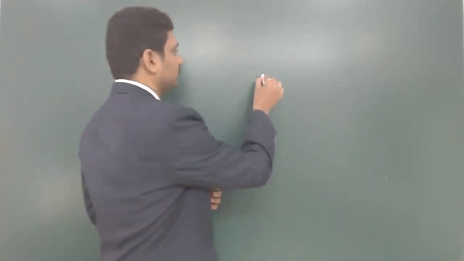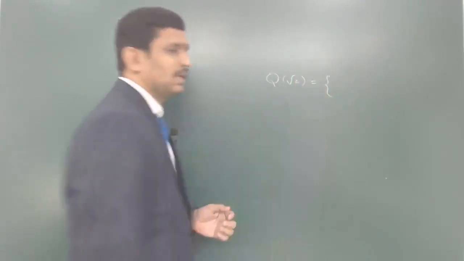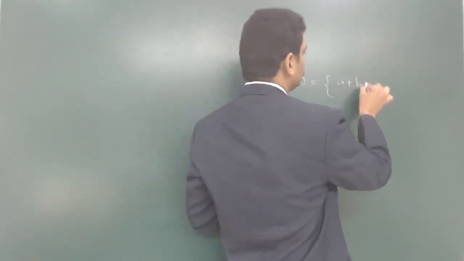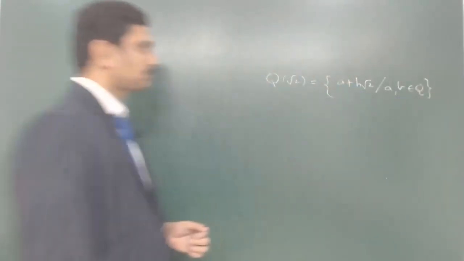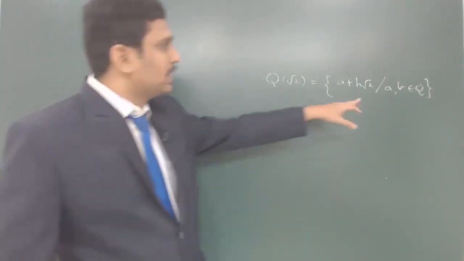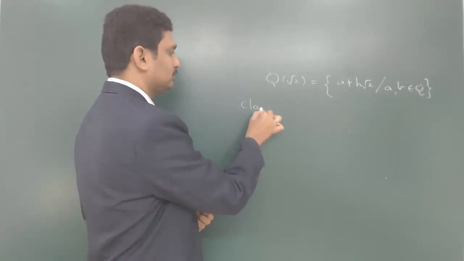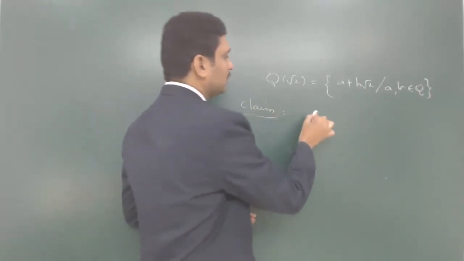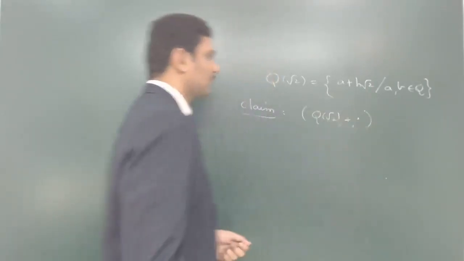Right? So let us take the problem. Let us take the set Q of root 2 defined by the set of all a plus b root 2 such that a, b belong to Q. So our question is, we have to show that Q of root 2, comma plus, comma dot is a field.